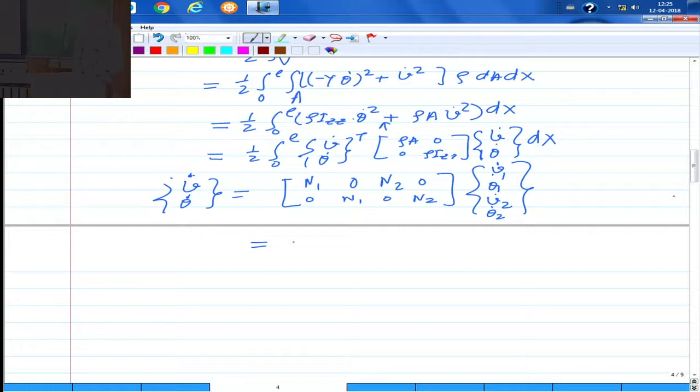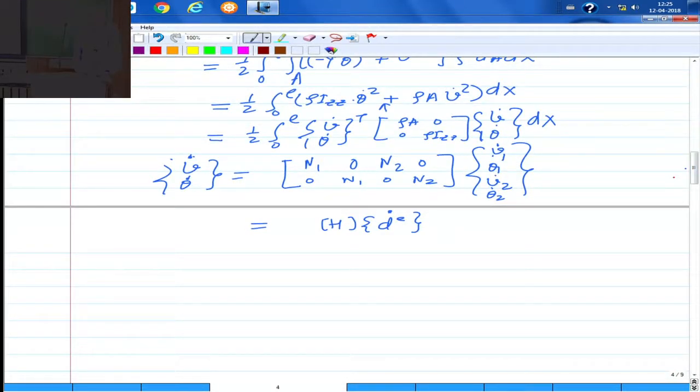What you call this as H, the interpolation matrix, and this as d^E dot. Earlier, maybe yesterday, I started using superscript; I was using this as subscript. Anyway, it doesn't matter as long as you are consistent. Then finally you can see that kinetic energy T would be half, following the same straightforward procedure.